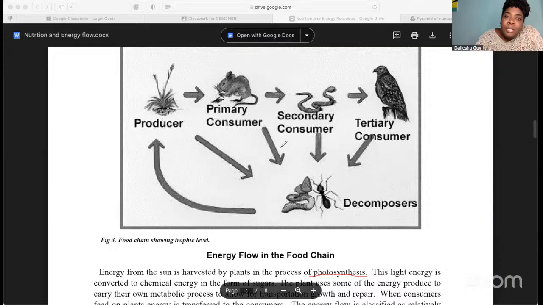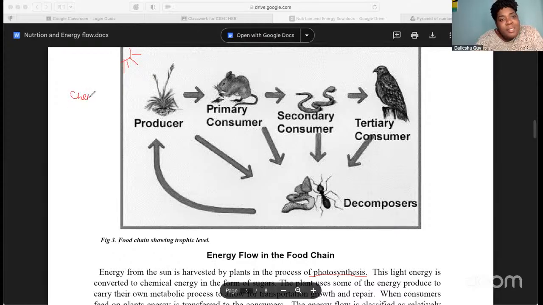The sun is in the form of light energy, and the plant receives this light energy and eventually creates a chemical energy product.